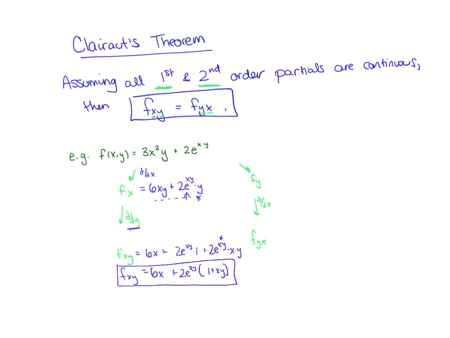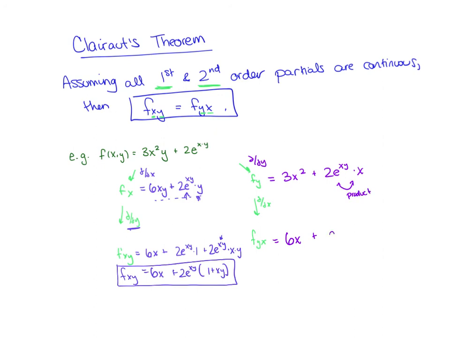And now on the other side, we can first take the partial with respect to y. So we get 3x squared plus 2e^xy partial with respect to y. So that gives me an x. Now I take the partial of that with respect to x. So I get 6x plus, here I have a product with respect to x.